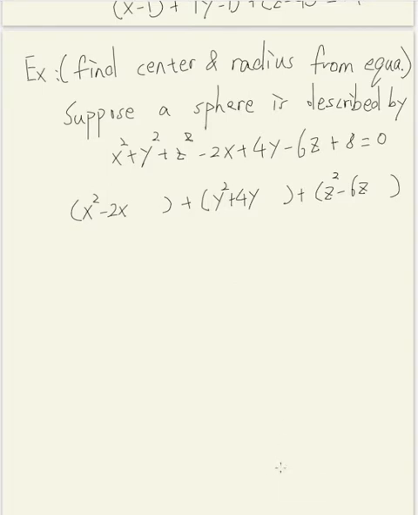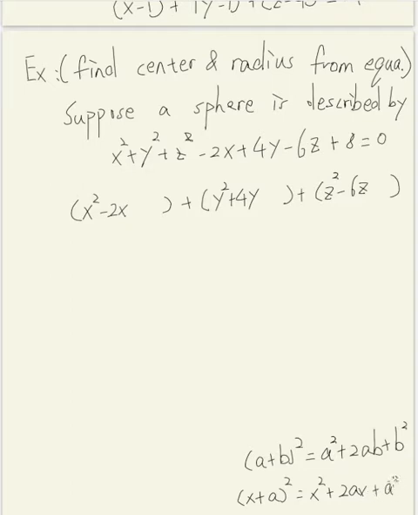Now let's first write out the formula for completing the square. So if we remember that (a plus b) squared equals a squared plus 2ab plus b squared. Okay, then in this case, if we have, for example, (x plus a) squared, then this equals x squared plus 2ax plus a squared.